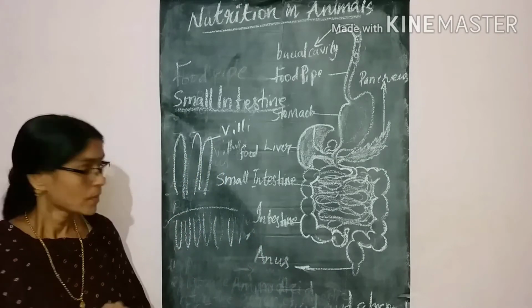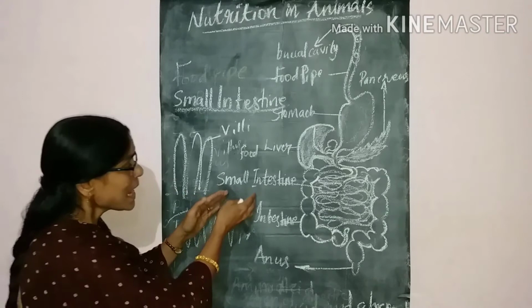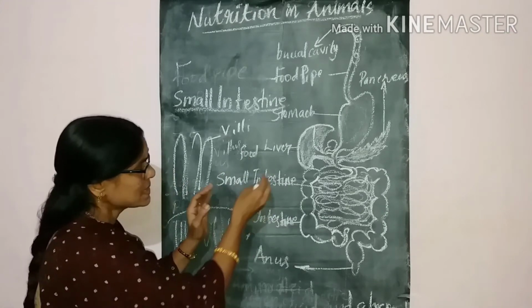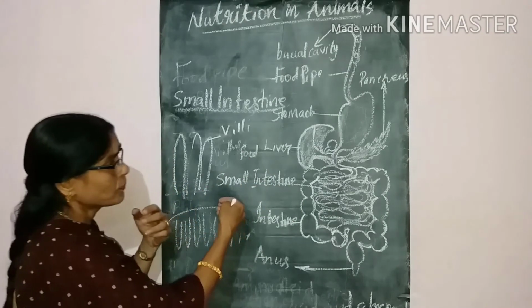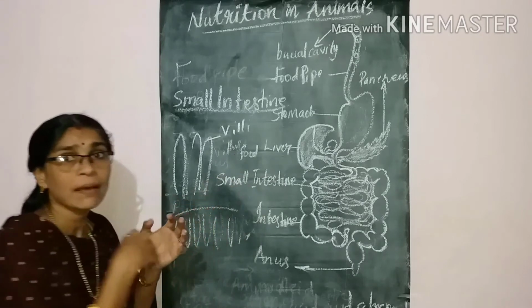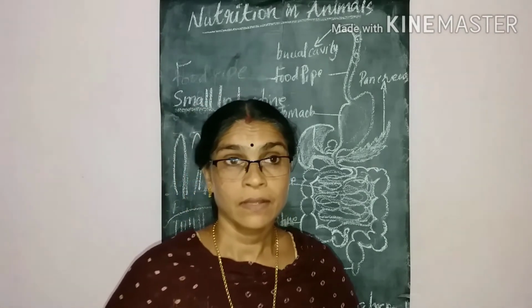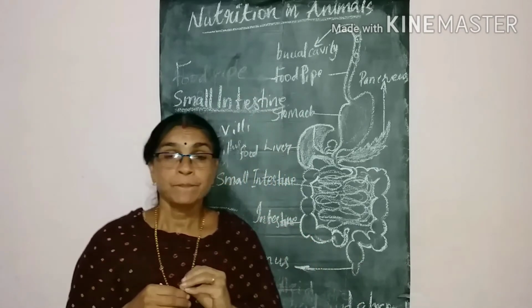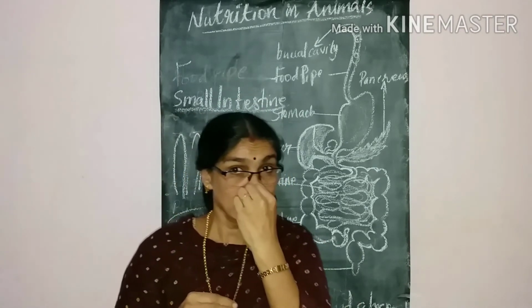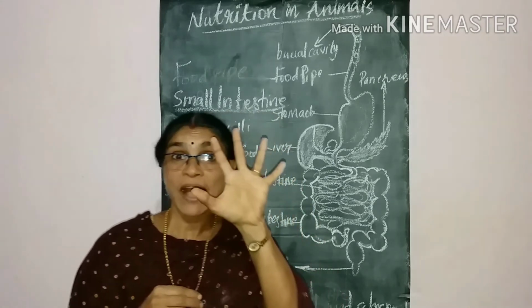Okay, students, the taking of the digested food into the blood, that process is known as absorption. In the human body, the digestion of food involves 5 steps.